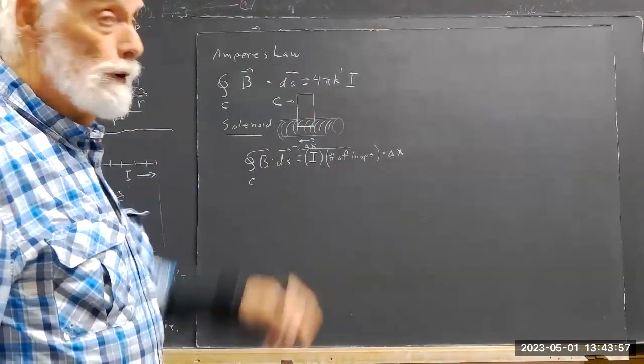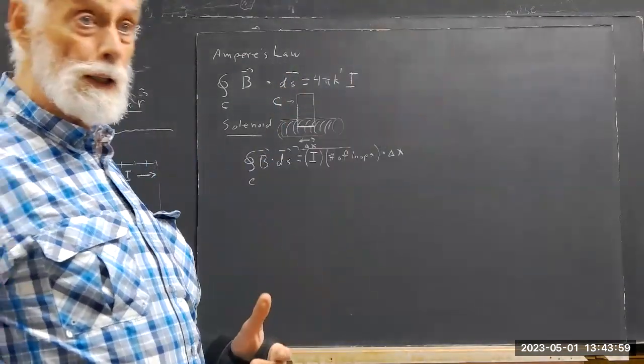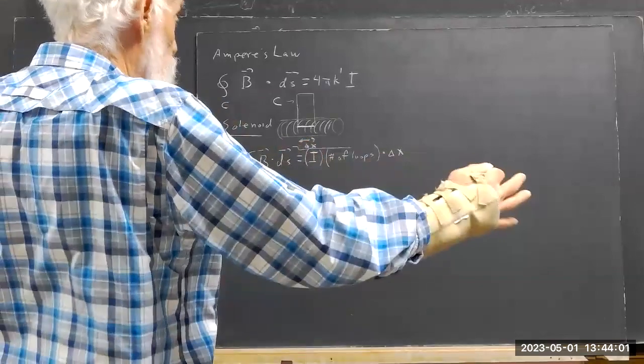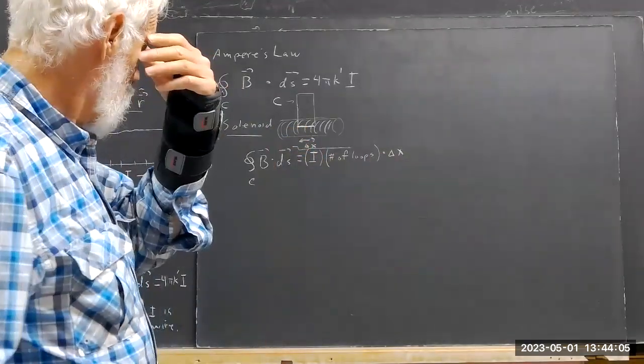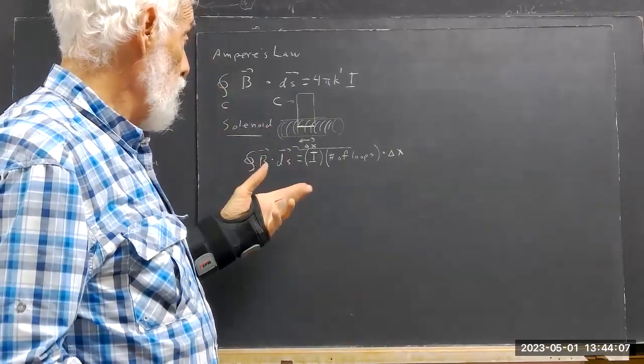So to get the number of loops, you take the total number of loops divided by the total length, which is the number of loops per unit length, and you multiply that.